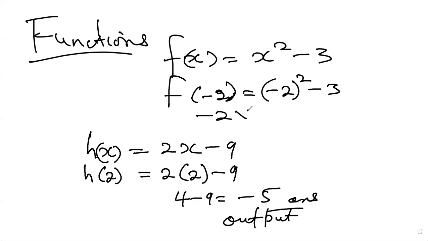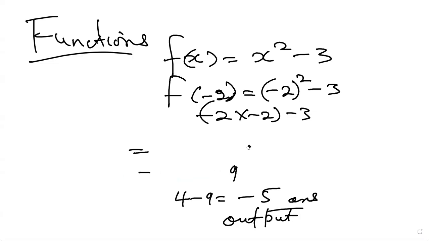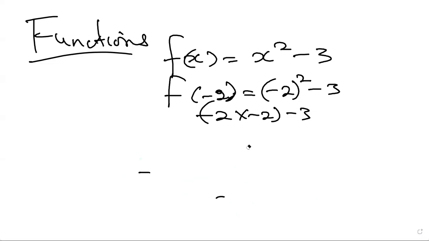Because it's negative 2 times negative 2, that is going to give us positive 4, because a negative times a negative is positive. So it's going to be 4 minus 3, which is 1.